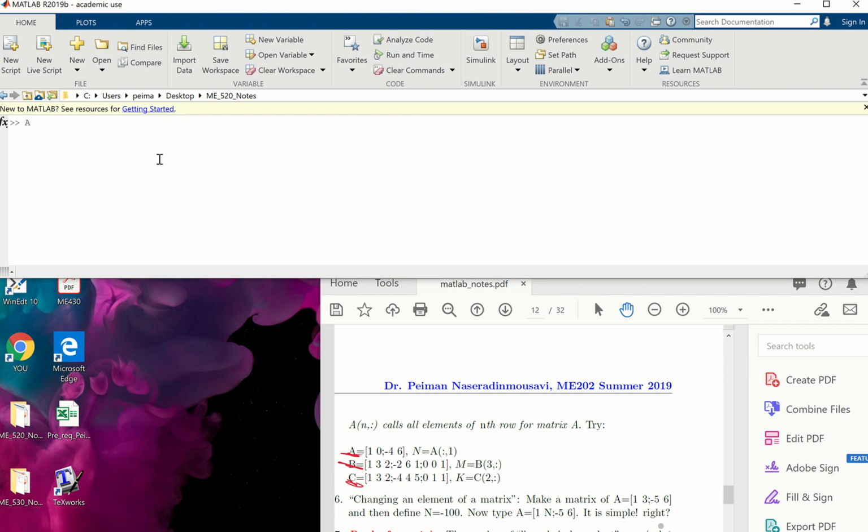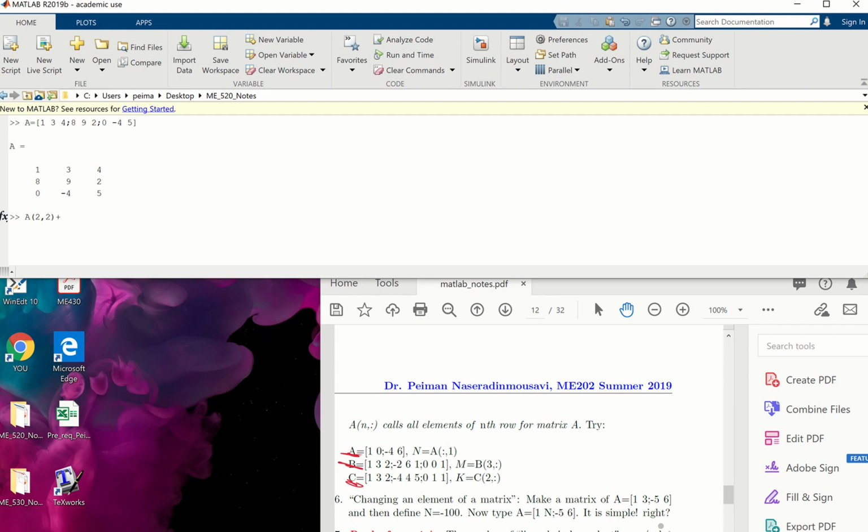Okay. So now another way of changing that I didn't have in the notes. Suppose your A is 1, 3, 4, 8, 9, 2, and 0, minus 5, and 4. So this is the matrix. Now I'm going to change the second element, this element, 9.